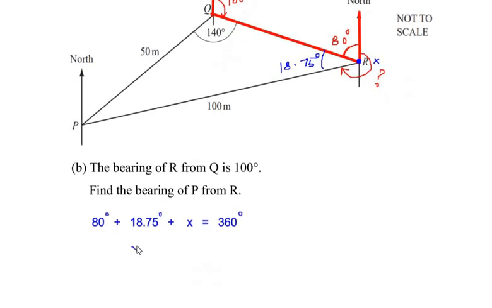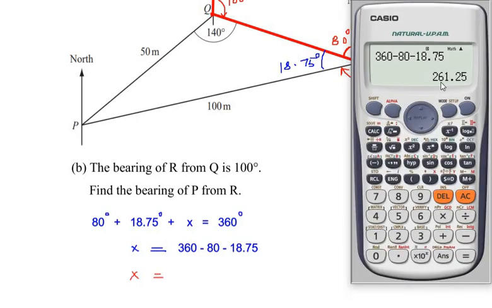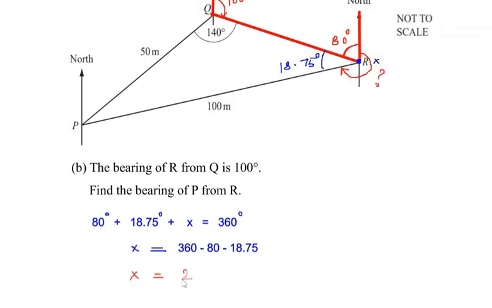So taking the 80 and 18.75 on the other side of the equal to sign, let us see what will be the value of X here. So X is equal to 261.25. So I'm going to round it to one decimal place. So it's going to be 261.3 degrees. So this is the bearing of P from R.